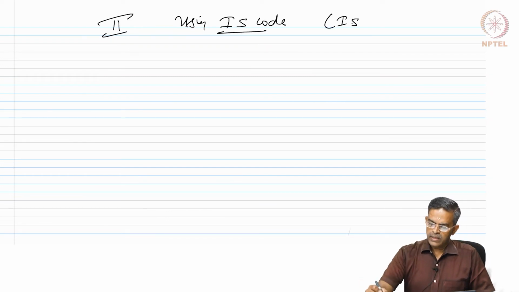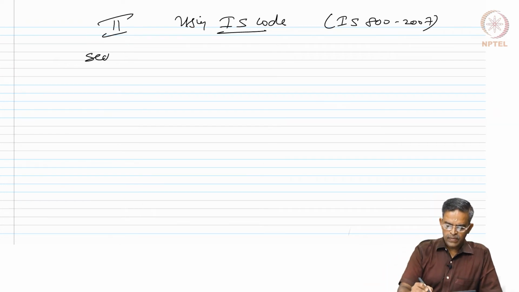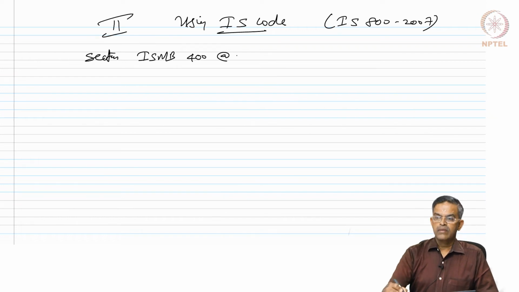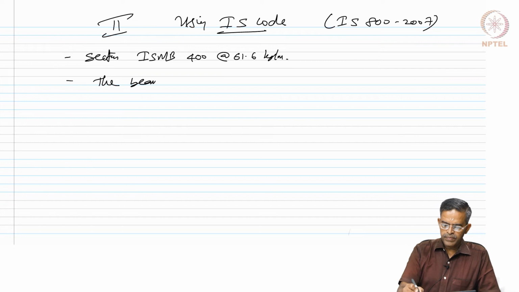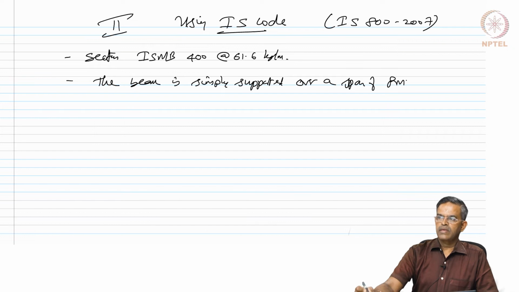We are using IS 800 2007, that is the steel design code. We are checking the section. So, we will take the section as ISMB 400 at 61.6 kg per meter. So, let us say the beam is simply supported over a span of 8 meters.